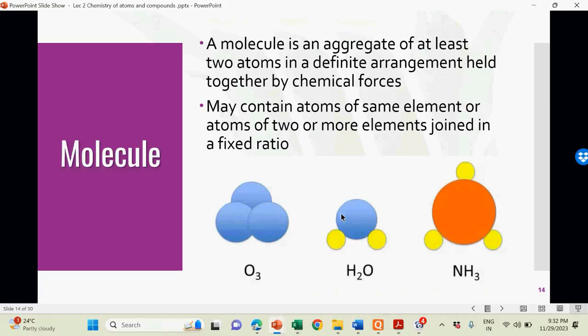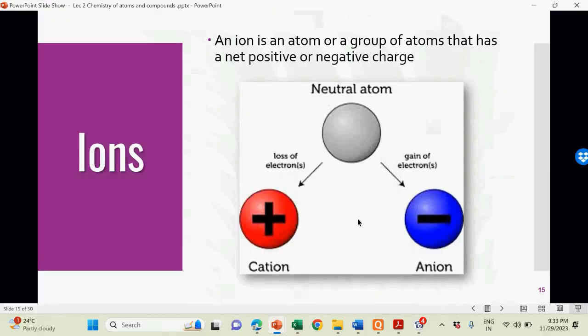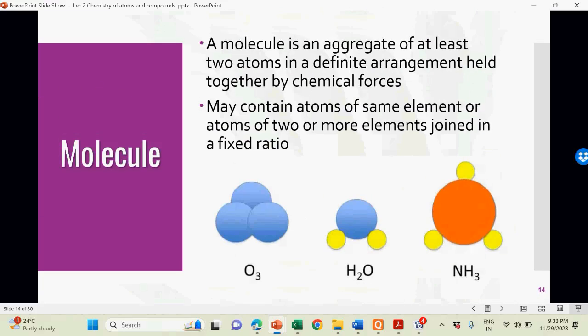And the second example is a water molecule, which is composed of oxygen, with the blue color, and 2 hydrogen atoms. And this diagram also gives you a clue about the atomic size, because the oxygen has 8 electrons and 8 protons.